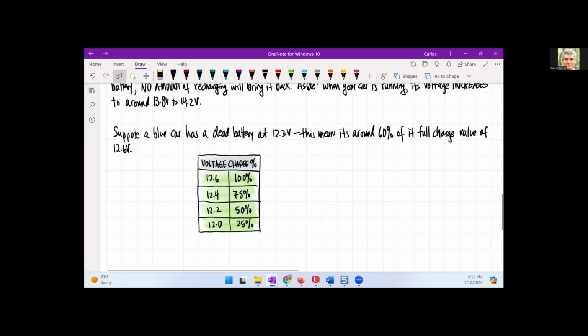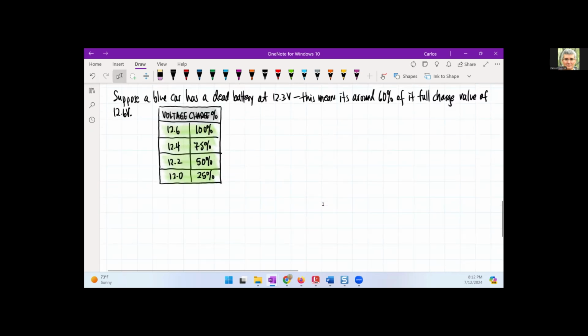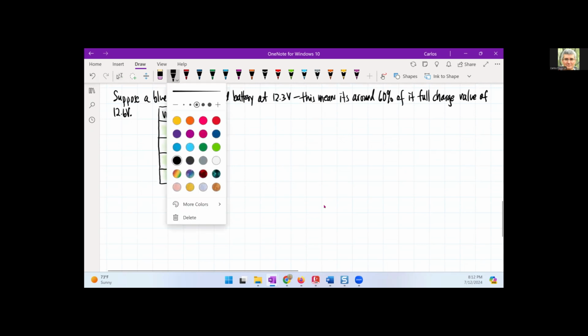So now that I've talked about this voltage chart, I'm going to say that this blue car needs a jump start.